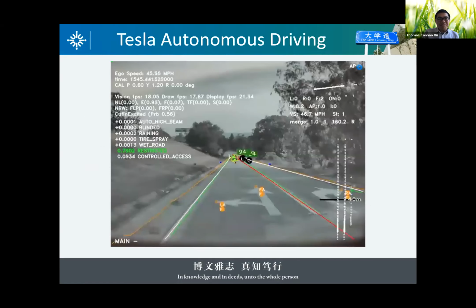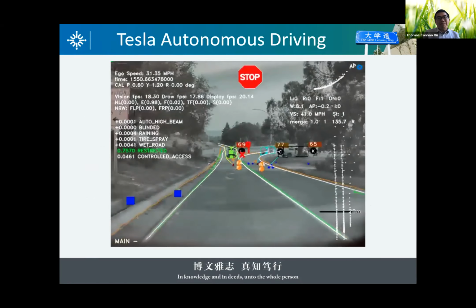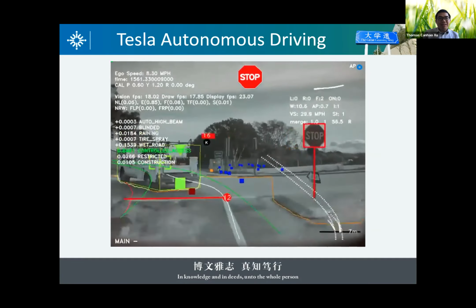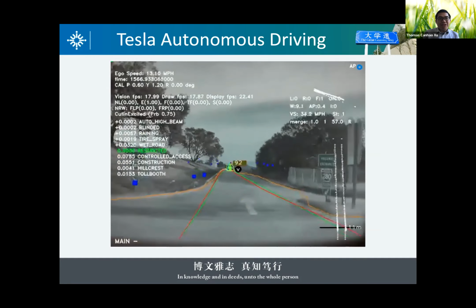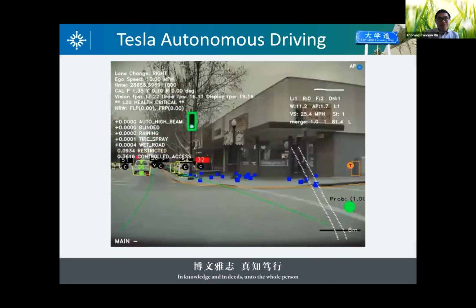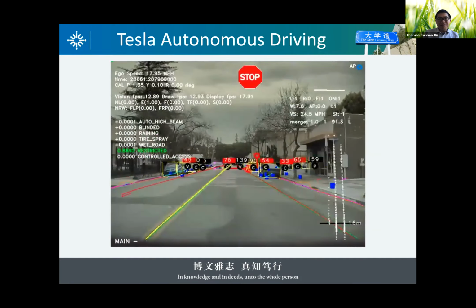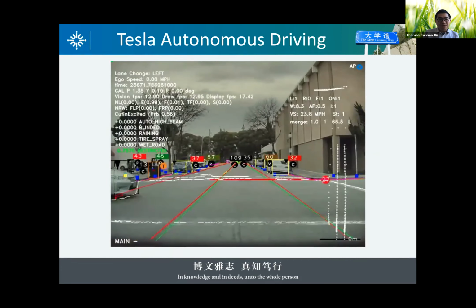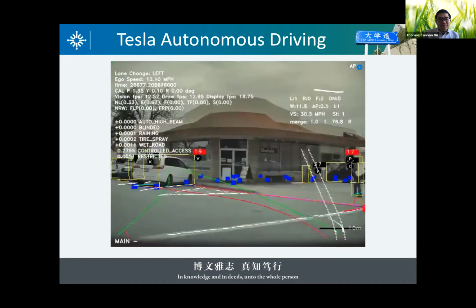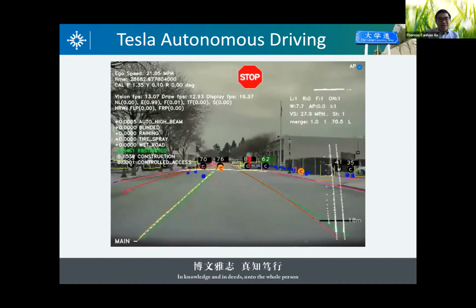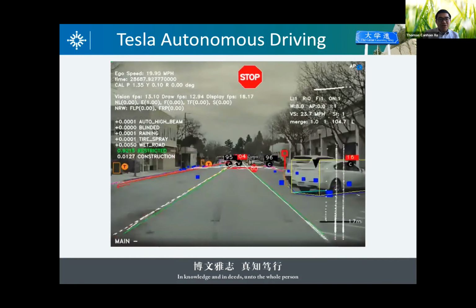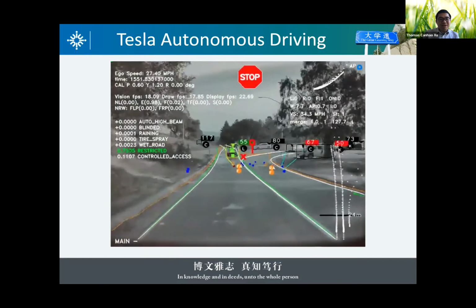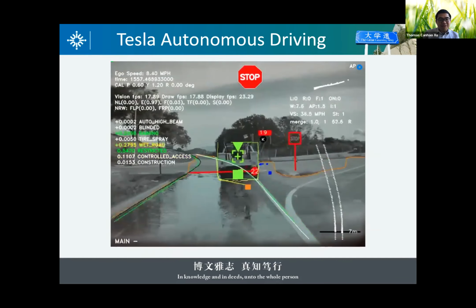But if you want to make it work, I think local processing is something you cannot avoid. For example, take a look at this video sequence from the Tesla autonomous driving. This is the camera from the onboard computer of the Tesla car. Those lines, marks, and numbers are the results from the Tesla autonomous driving system.